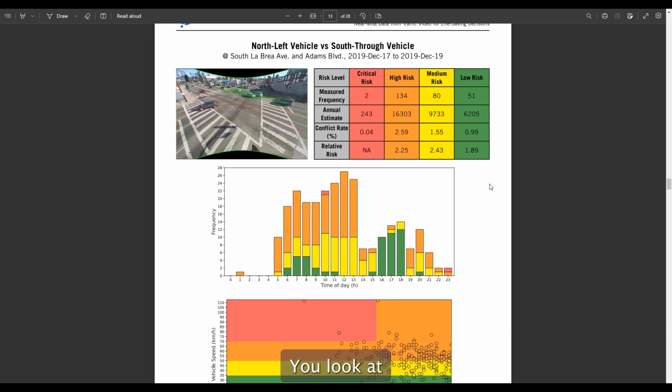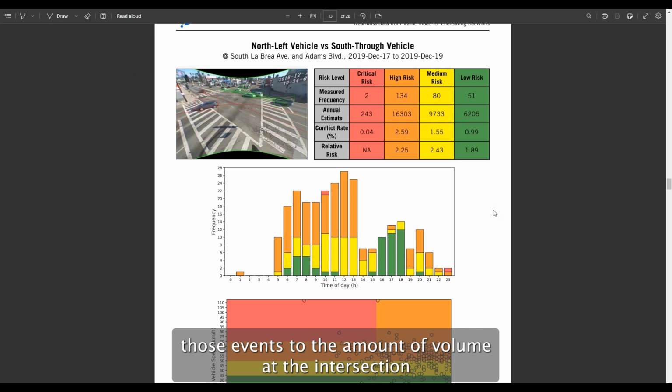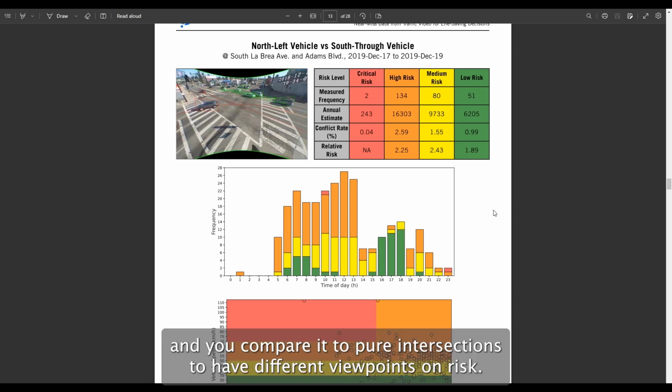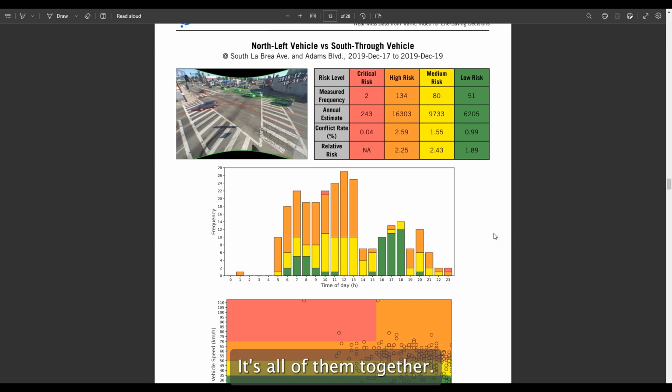You look at the number of events, you compare those events to the amount of volume at the intersection, and you compare it to peer intersections to have different viewpoints on risk. And it's not one or the other that drives the decision about installing a countermeasure, it's all of them together. So that's the risk table, which is stratified by risk level.